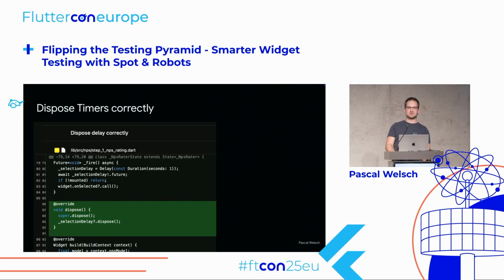They have to be disposed. After a widget test, the Flutter test framework will pump basically an empty container, and then it will see that all the timers that have been created during that test should be disposed. If they are still running, because the widget was removed, your app was removed from the widget tree, therefore it should not leak any timers, and if it's still running, it reports an error. So you have to be careful.